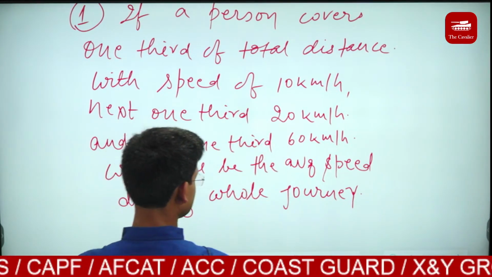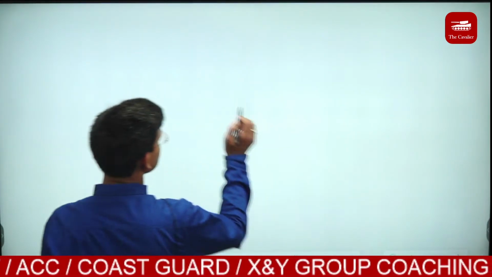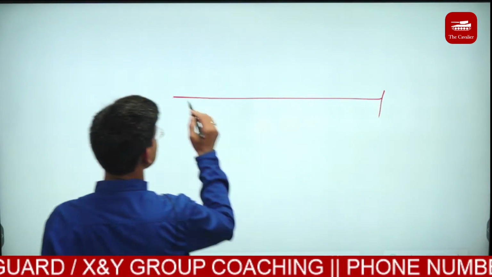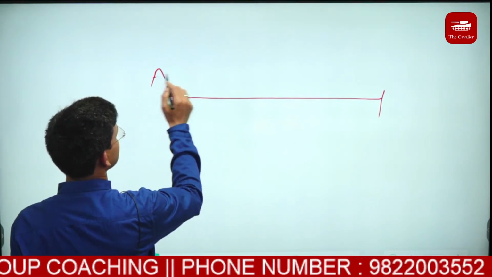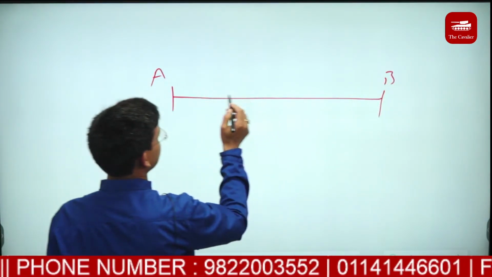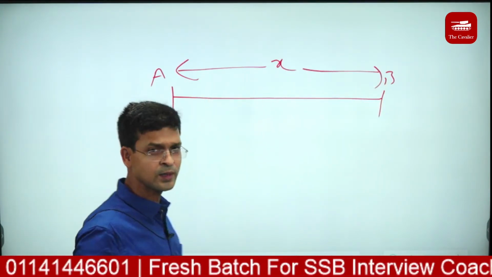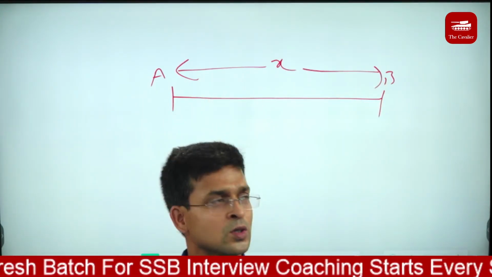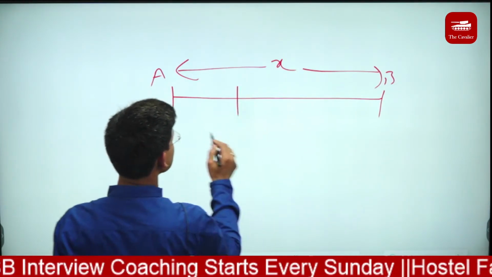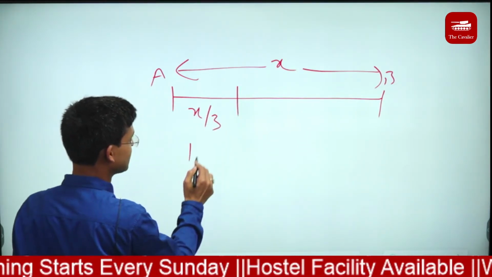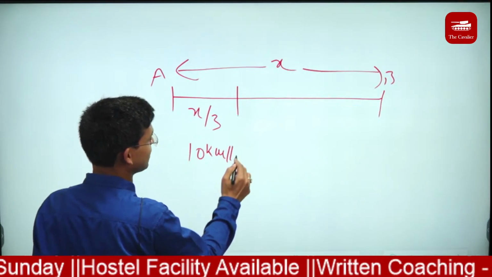The question is that, this is A and B. Person covers 1/3 of it. We have to consider x is the distance from A to B. This is 1/3 with a speed of 10 km/h.